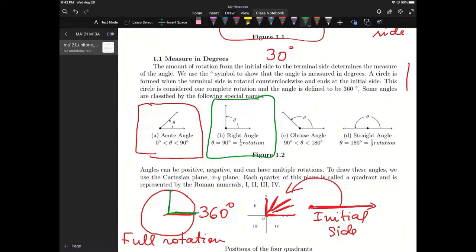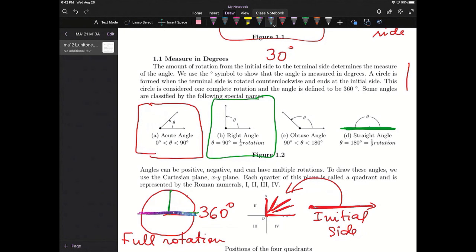If the angle is greater than 90 degrees but less than 180, and 180 means that you have the initial side and terminal side flat, so that is the straight angle, and that is exactly a half of the full rotation.